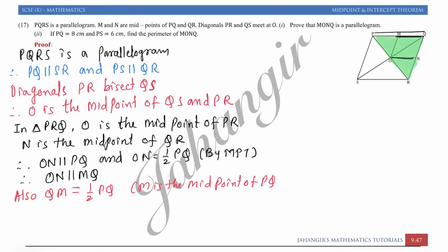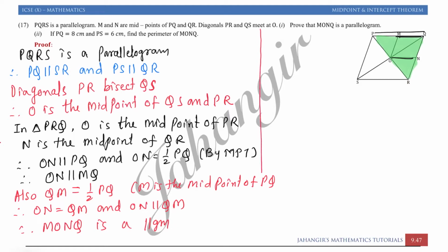So comparing this, we will get ON is equal to QM and ON is parallel to QM. So therefore we can say MONQ is a parallelogram.